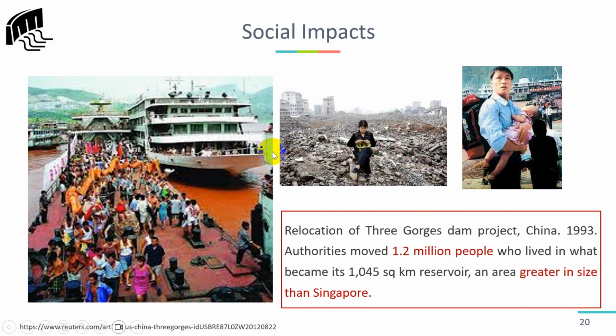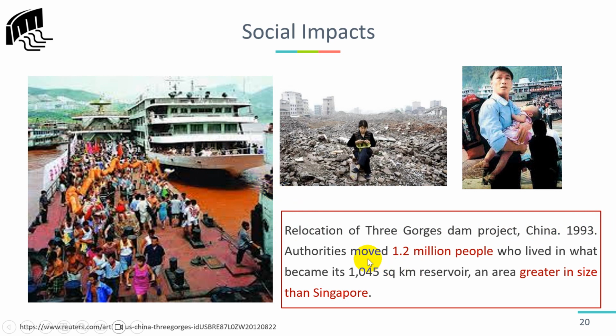Social impacts. The dam's social impact is relocation. This is an image of relocation. People in China, relocation for the Three Gorges Dam project in China in 1993.